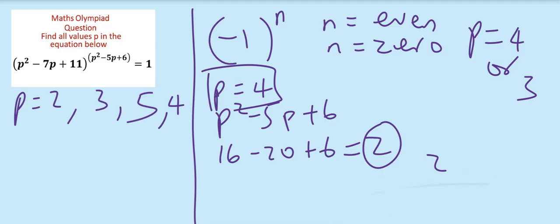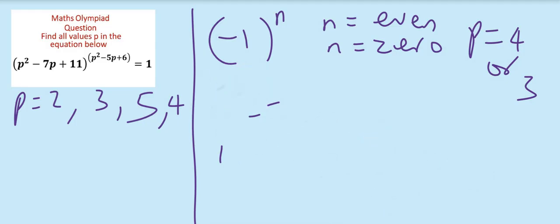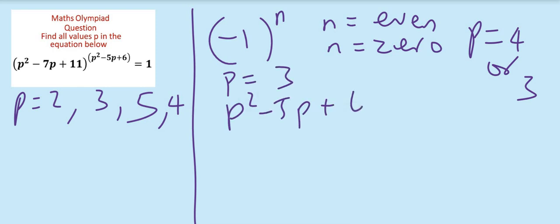Now let me check the last value, which is p equal 3. I'll put p equal 3 into p squared minus 5p plus 6. So 3 squared, which is 9, minus 15 plus 6. This is 0. Yes, n can be 0.